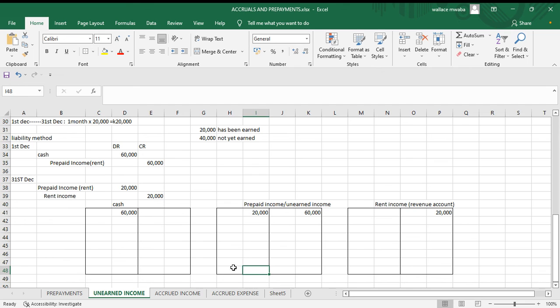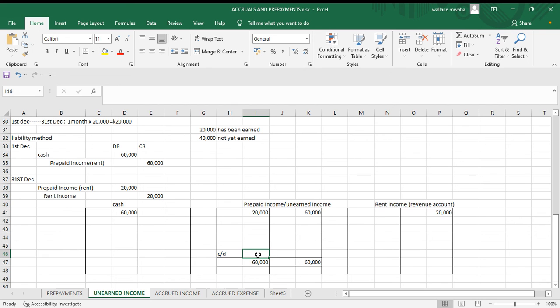Now let's find the balance. I'm going to put 60,000 here and 60,000 here. Balance carried down: this is the amount which hasn't been used up, the amount that hasn't yet been earned.